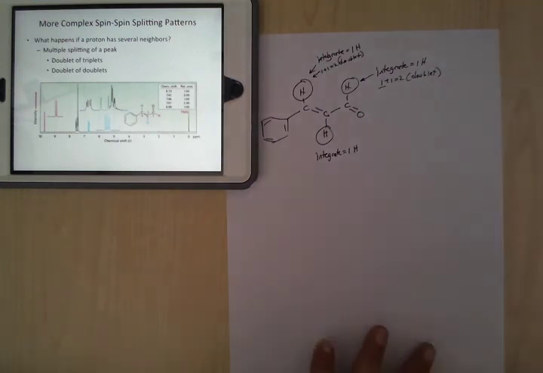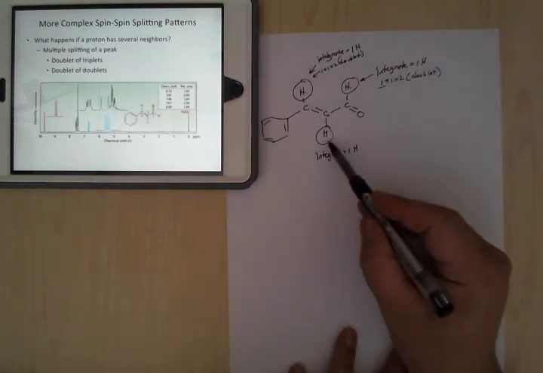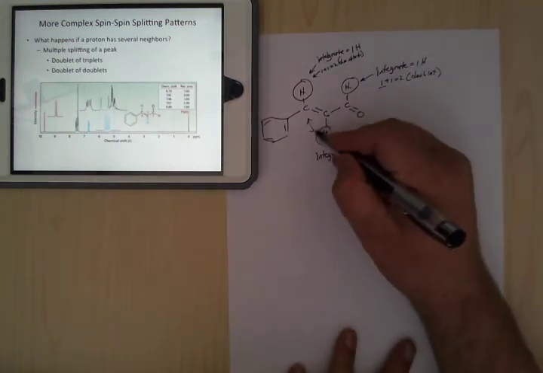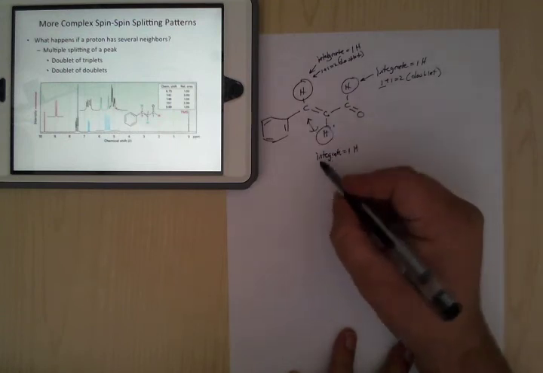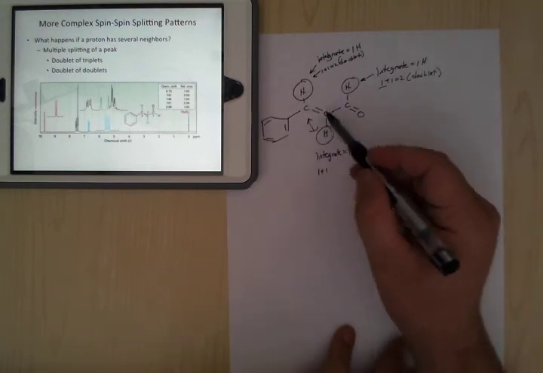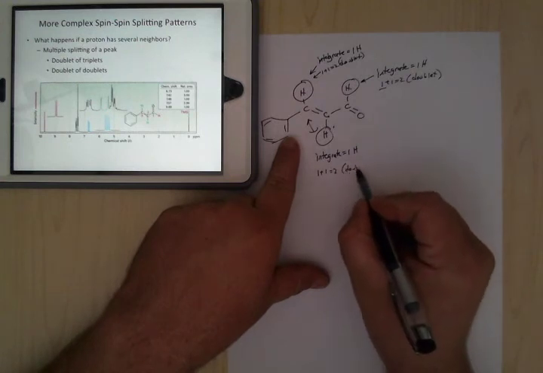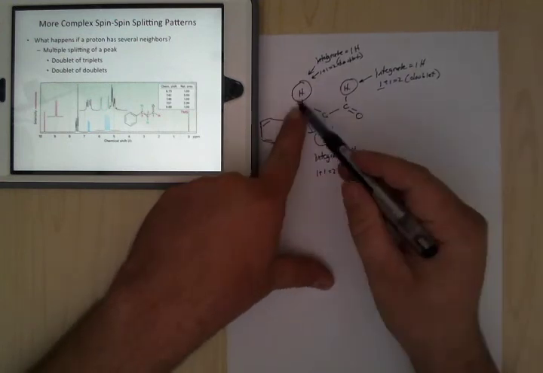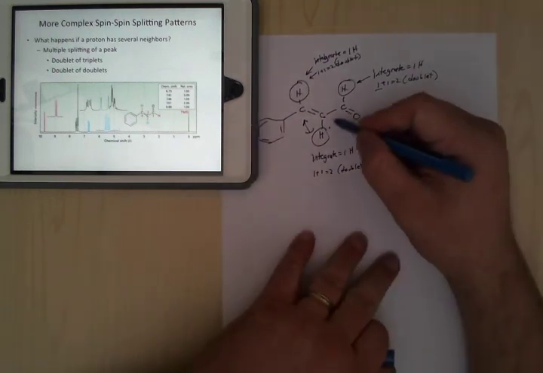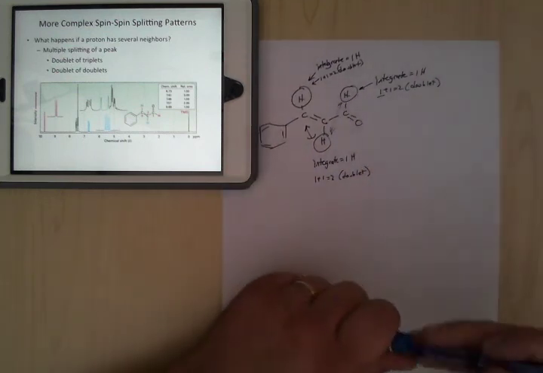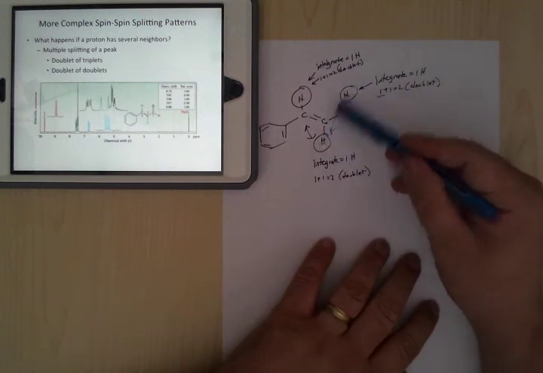Now, this one here, you have it interacting between these. So that's going to make it 1 plus 1. You have a neighbor on this side, so 1 plus 1 equals 2, so it's a doublet. But you also have this neighbor on that side.